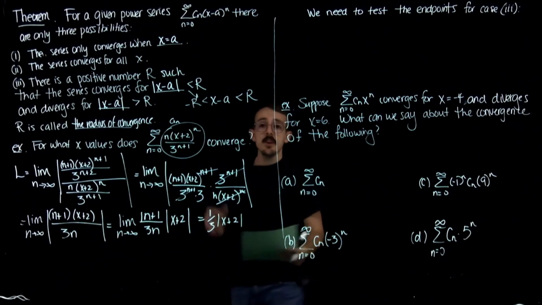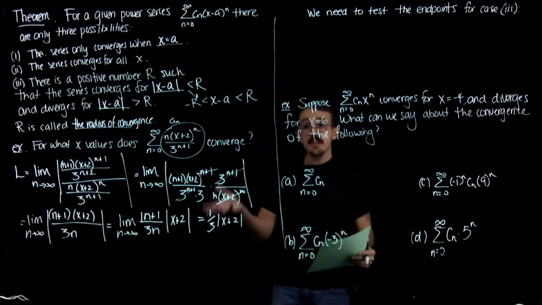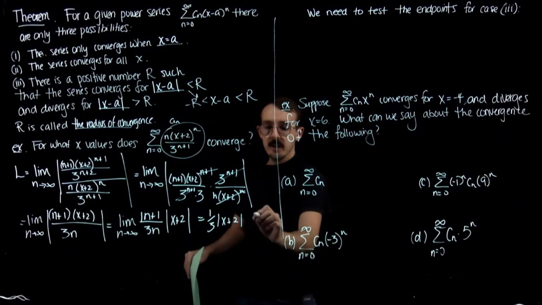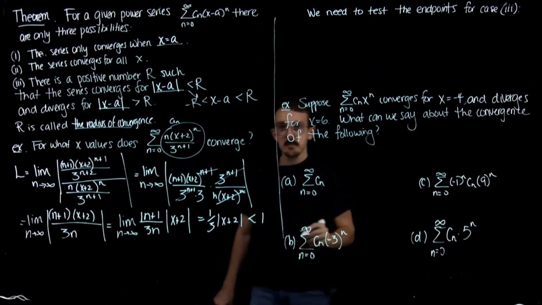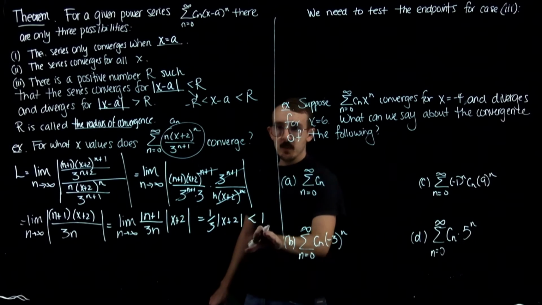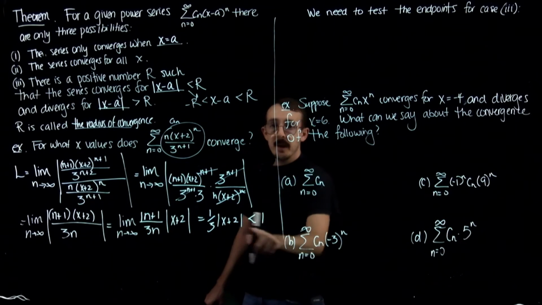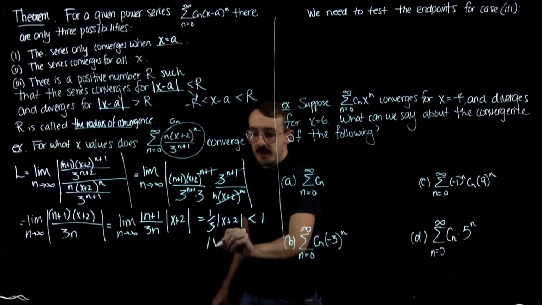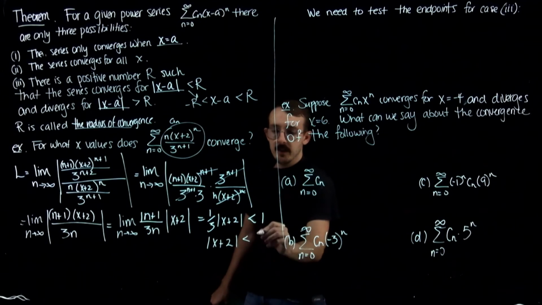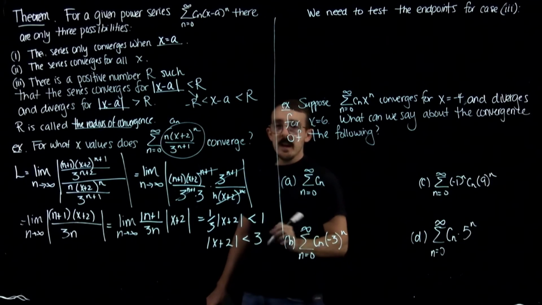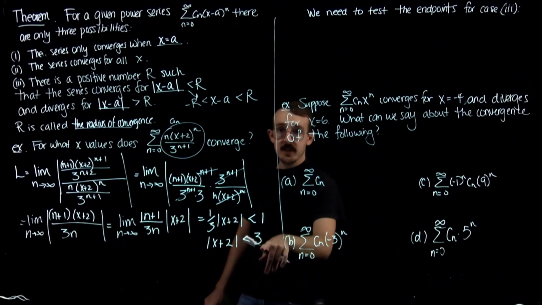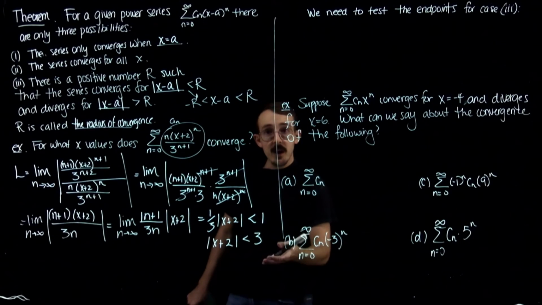And now convergence only happens for the ratio test if you have that this limit is less than 1. So what does it mean for this limit to be less than 1? Well, I can multiply both sides by a positive 3, and because a positive number doesn't flip the inequality, if you have an absolute value that is less than 3, then you can turn this into a compound inequality.